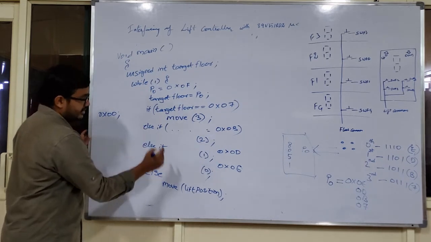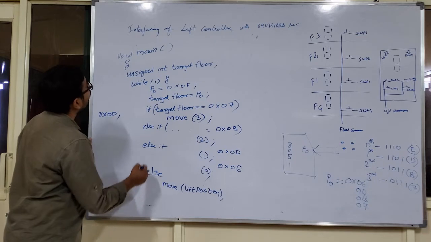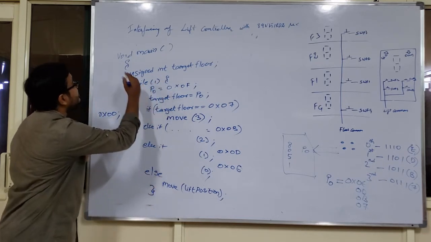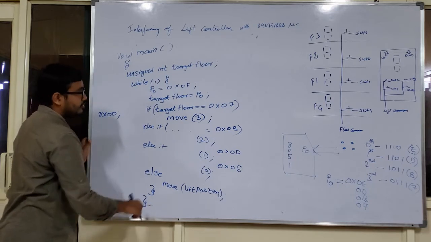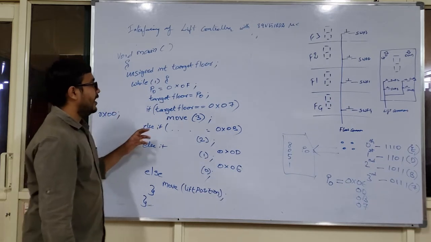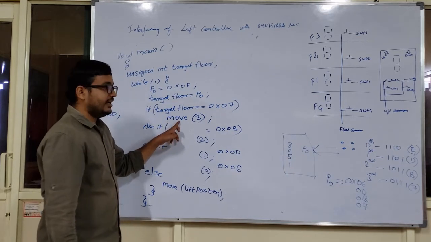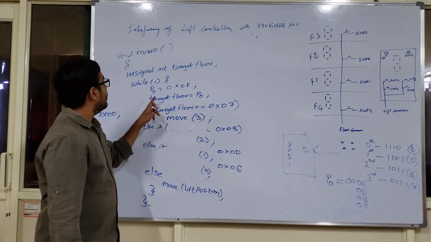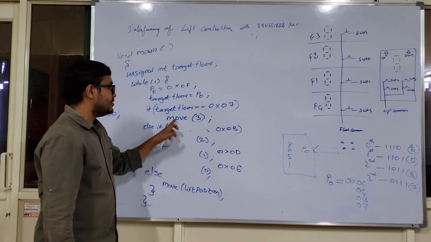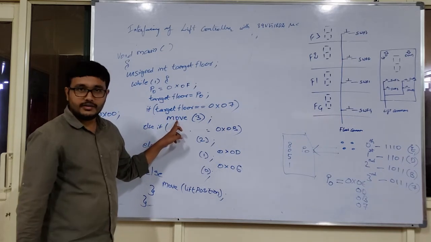Okay, so just close your void main. So this is one open bracket and this is one. So 2 close brackets. So in this program, I have used here move, a function call, and I didn't use anything here. So let me define what this move function call is now.